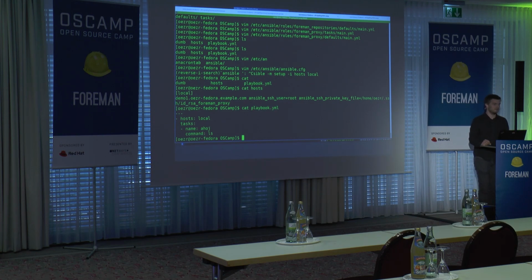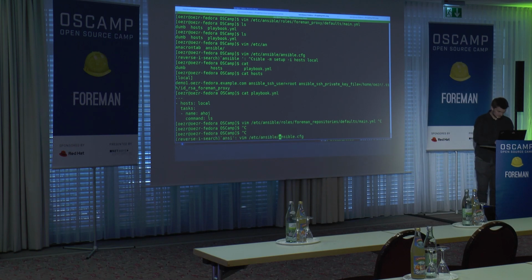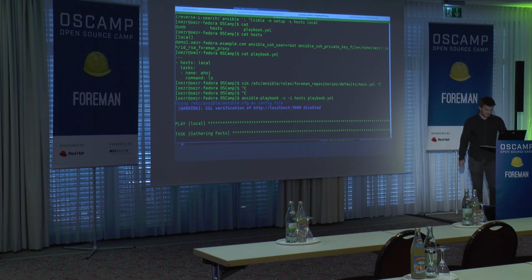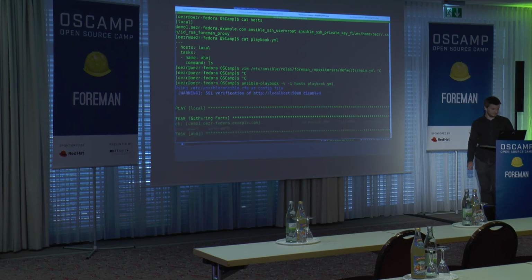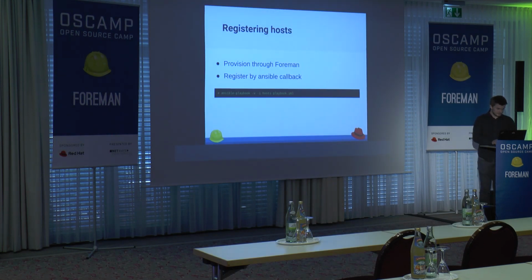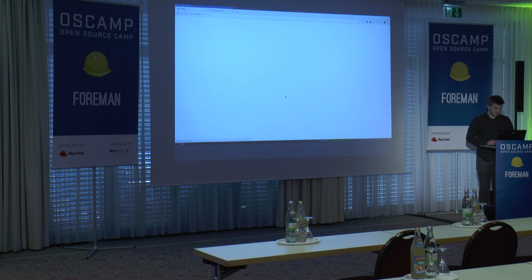By default, it will collect the facts from the hosts, and it will send them to Foreman through the callback. So let's hope. Okay. Now we should see the host.